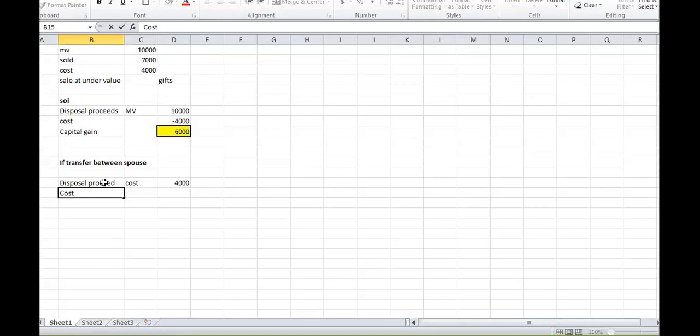What was the actual cost? Once again, £4,000. So what is the gain? Nil. So whenever there is a transaction between husband and wife, friends, please remember, there will be no gain, no loss.